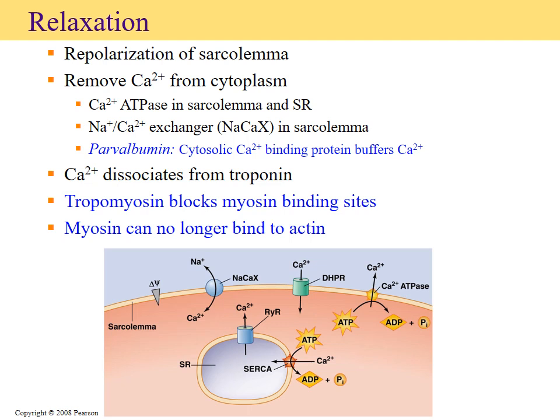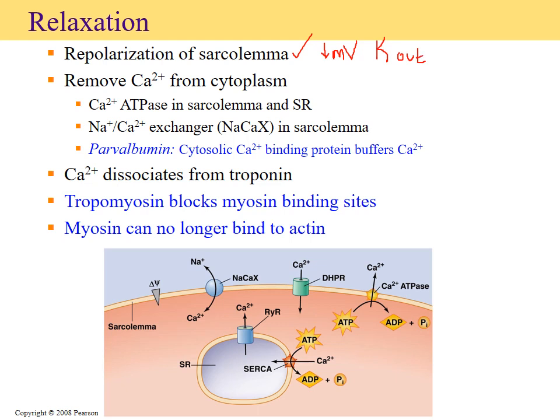On your slide, I wrote down that if you want to have muscle relaxation, we need to have repolarization of the sarcolemma, and repolarization means what? It means that we lower the membrane voltage, and we do so by allowing potassium to come out of the cell. Okay?